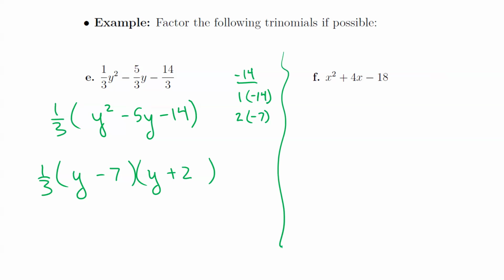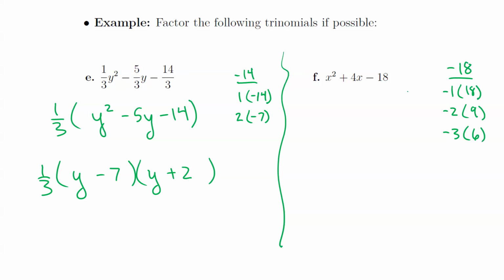And then part F, last one, got negative 18, right? So we're trying to make a positive 4, so I'm going to put the negative with the smaller number and the positive with the larger number. So let's list out the possibilities. So it'll be negative 1 times 18, or negative 2 times 9, or negative 3 times 6. Those are my possibilities for making negative 18.